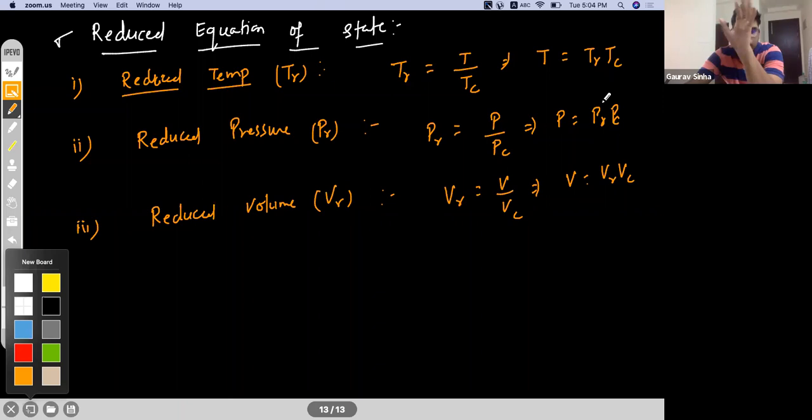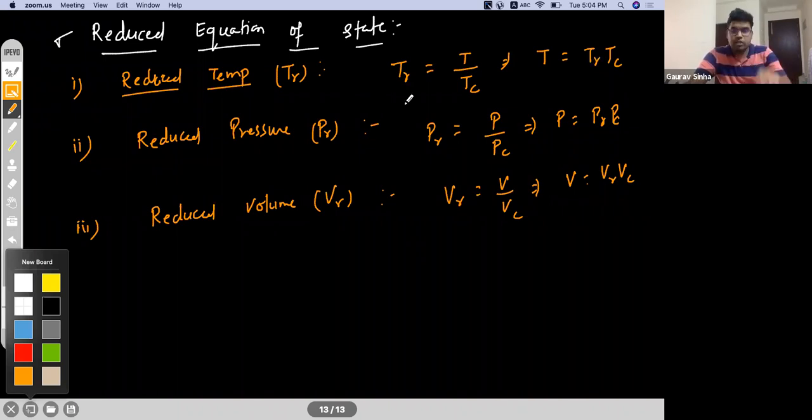Substitute the values, and you'll get the equation in terms of reduced pressure, reduced volume, and reduced temperature. That is it. Not much important, but sometimes they ask this question: what is a reduced equation of state? So you will just write down the final expression that you must remember. Method I told you how to do this easily.